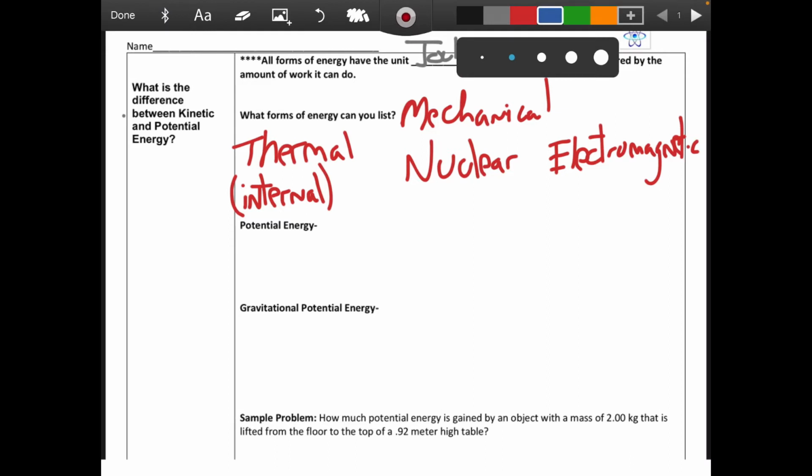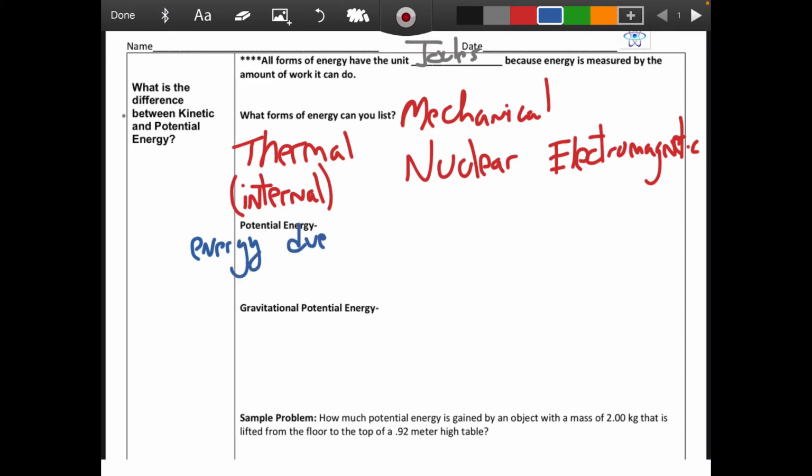The way that we're going to define potential energy is just energy that's due to position or condition.